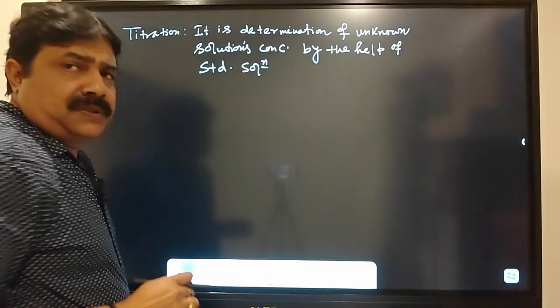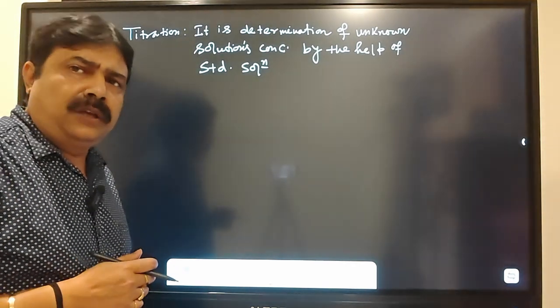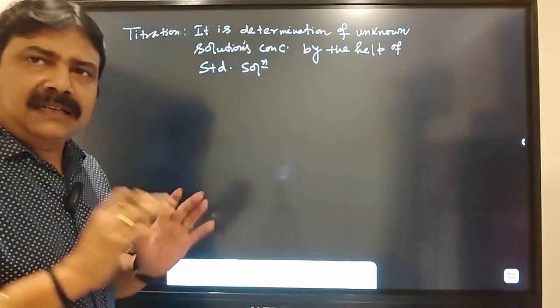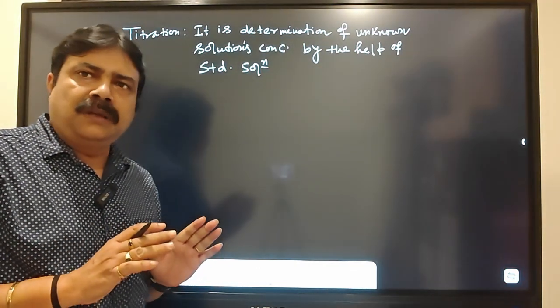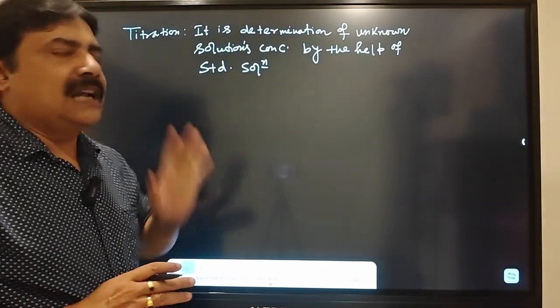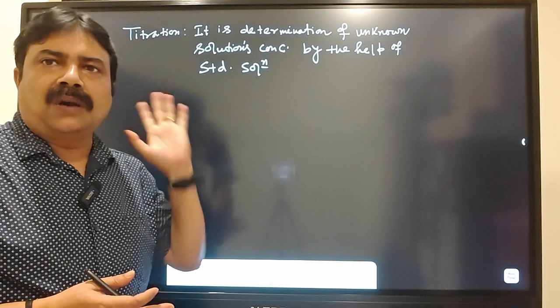For the standard solution, the strength and the volume are known, so the measured volume and known concentration of the standard solution will be utilized to measure the concentration of the unknown solution. It's a volumetric process. It is called a titration.